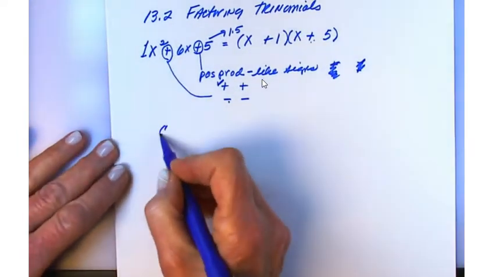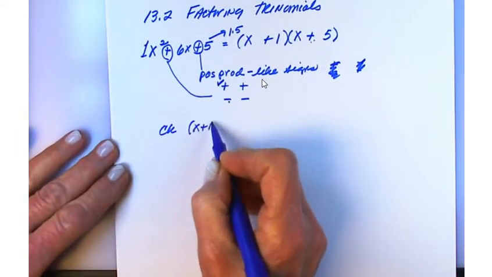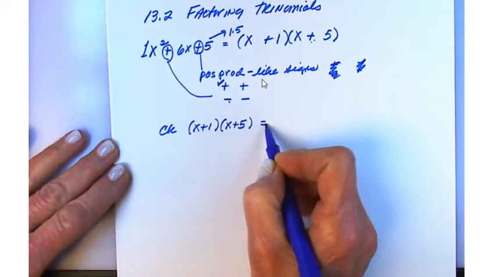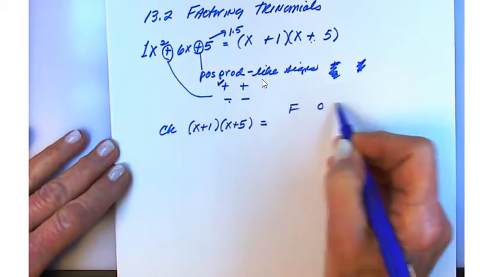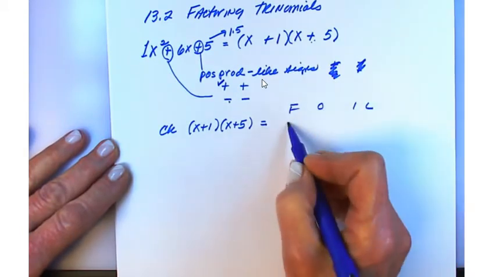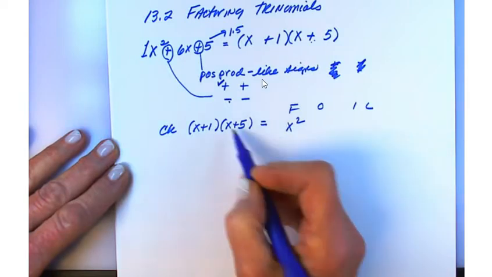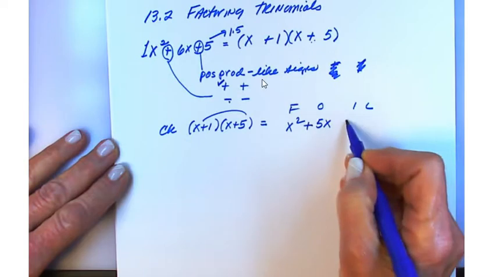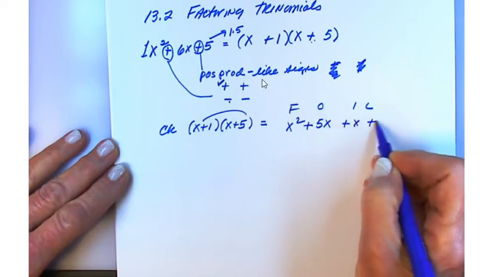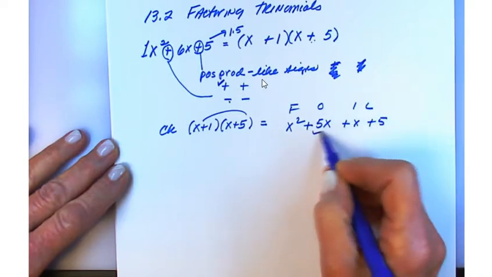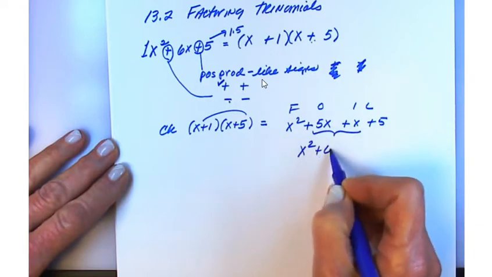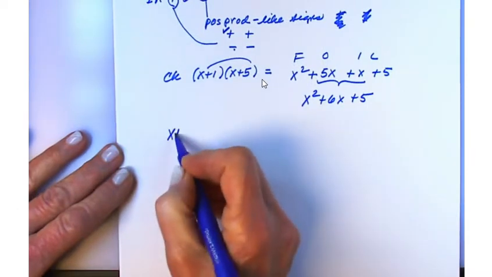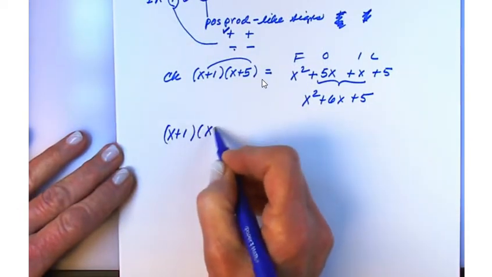Let me do a check. x plus 1 times the quantity x plus 5. I'm going to use FOIL, and I'm going to have x squared. The outside is 5x. The inside is x, and the product is 5. So 5 plus 1 is 6, plus 5. I think that you have become fairly proficient at this.